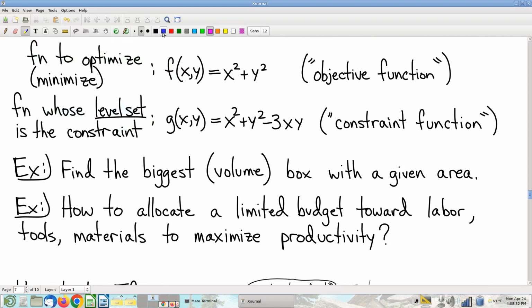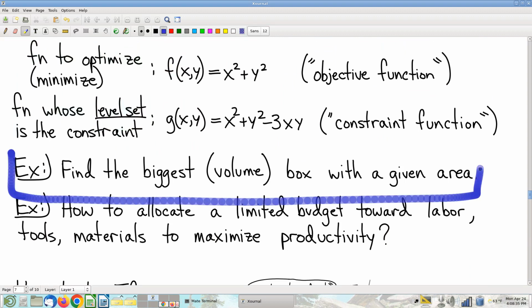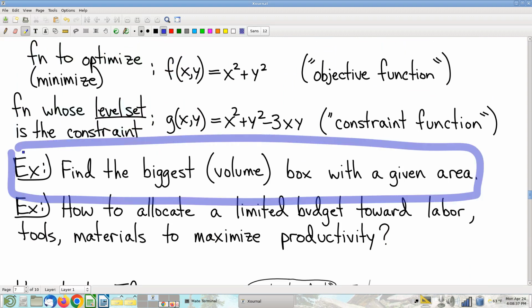Here's a very natural question you could ask. What's the biggest rectangular box that I can make, given that I'm only allowed to use a certain amount of surface area? Right, so maybe cardboard is getting expensive these days, and within the budget you can only use a certain amount of cardboard, otherwise it's going to cost too much money. For that given amount of cardboard, you want to make the biggest box you can, perhaps.